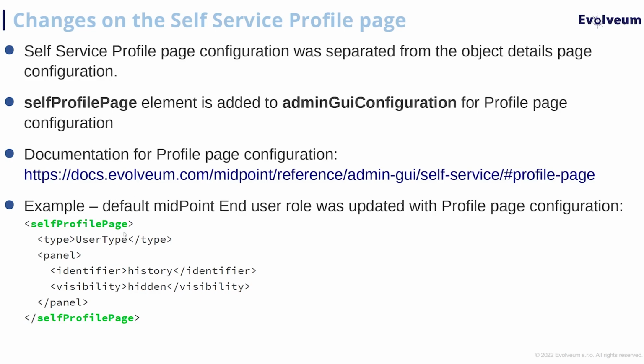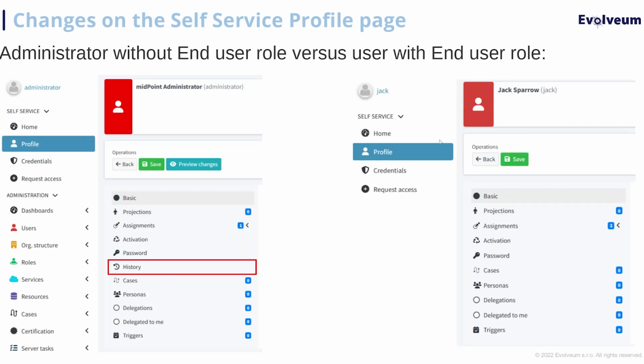As an example, the default midPoint end user role was updated so that it hides the history of the user. So when some common end user logs in and looks at his profile, he doesn't see the history of the changes. It's considered rather administrative information now.